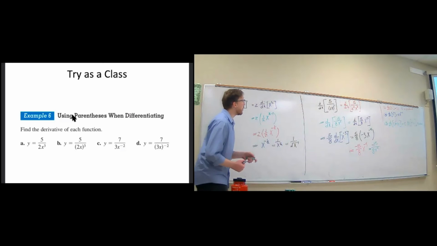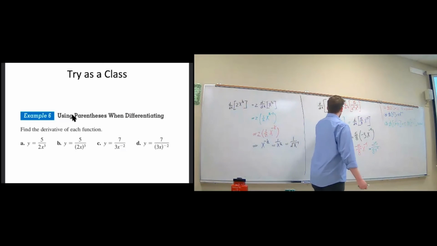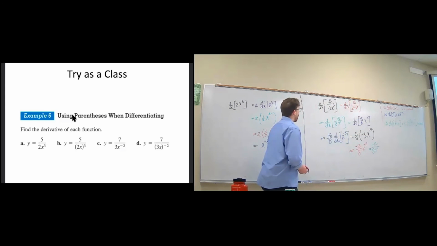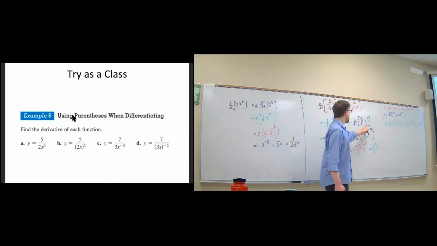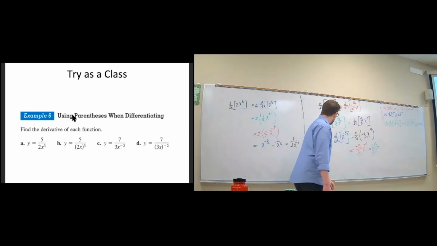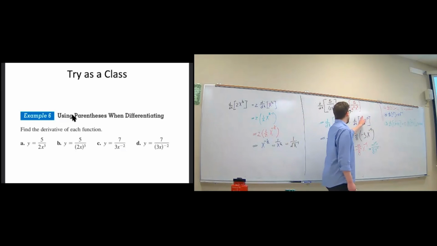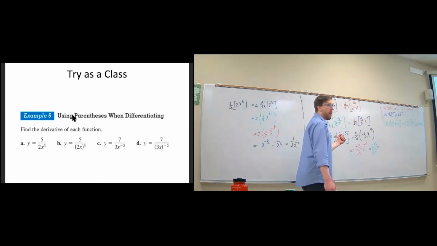But what we're really doing is just rewriting things. Start off here, we say, all right, you can distribute this power to the 2 to the x. Well, 2 to the 3rd, that's 8. X to the 3rd, that's just x to the 3rd. Since x to the 3rd is in our denominator, we can rewrite it as x to the negative 3rd power, right? Okay. Well, if that's the case, 5 over 8, that's a constant that we can pull out.